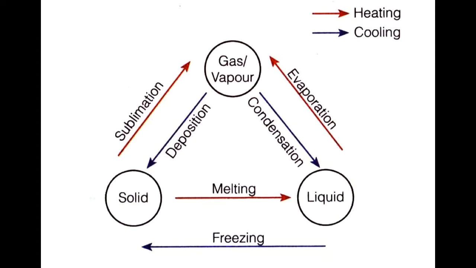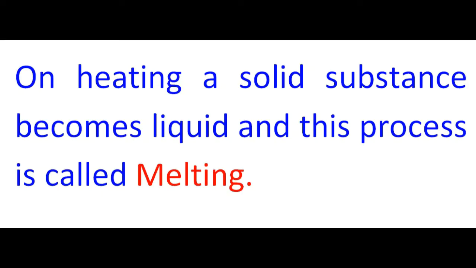And the opposite is that gas cooled down becomes condensed, it becomes liquid, and liquid on freezing becomes solid. And the gas to solid is called sublimation. Now let us take it point by point. On heating, a solid substance becomes liquid, and this process is called melting.